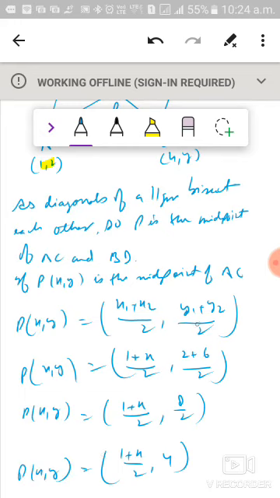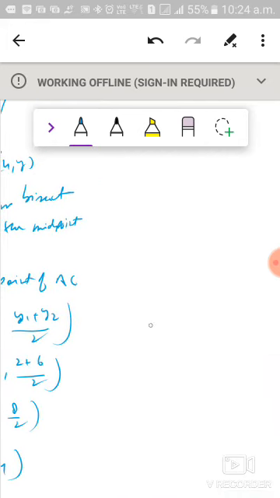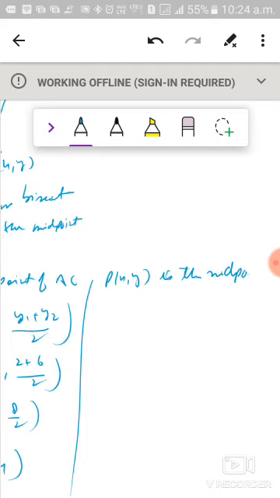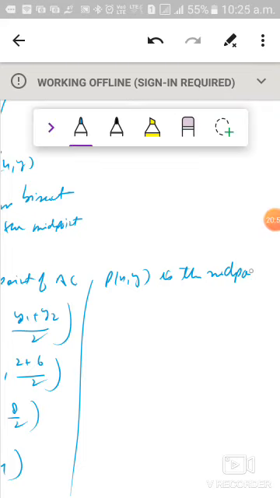Same situation. Now we'll find if P x comma y is the midpoint of BD.